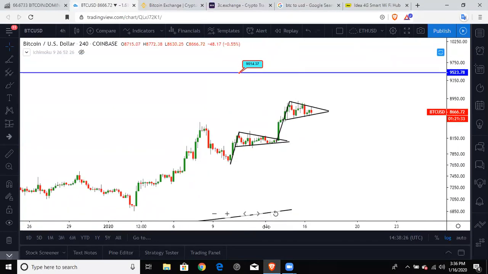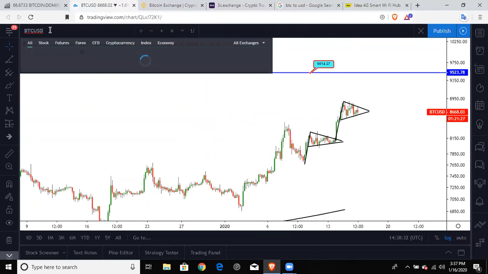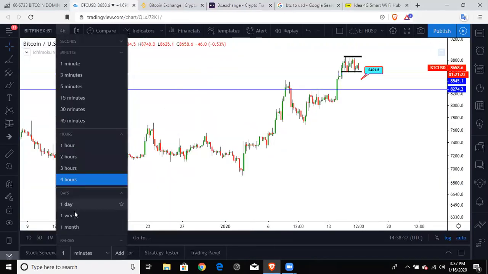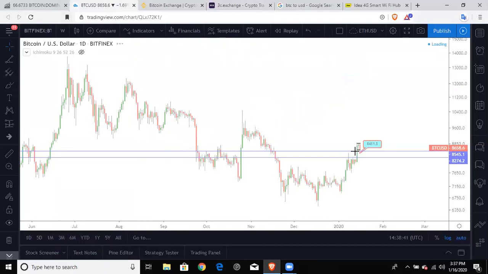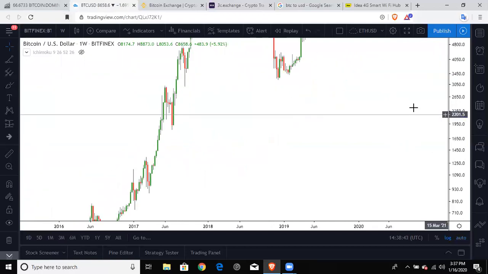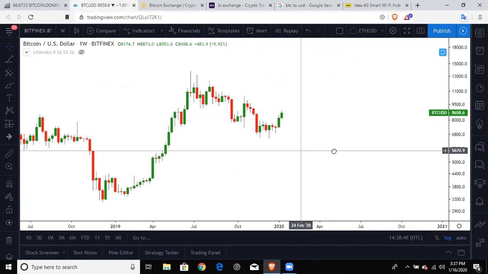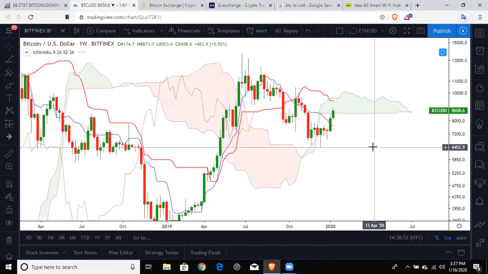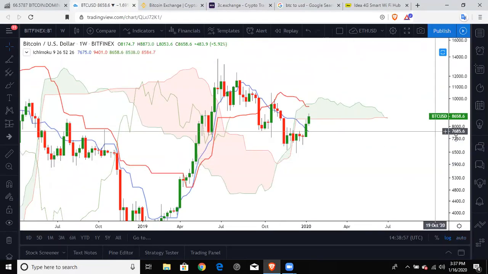More to that, I saw something last night. Let me use a weekly time frame. Something you all need to see. So first one here, I saw this, and you need to be very careful about this.